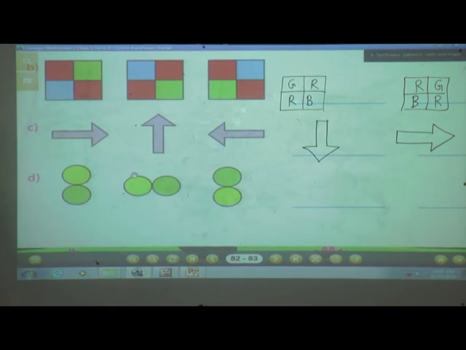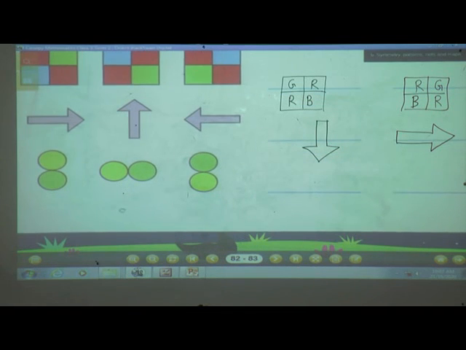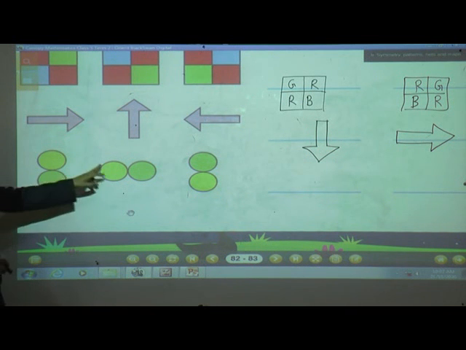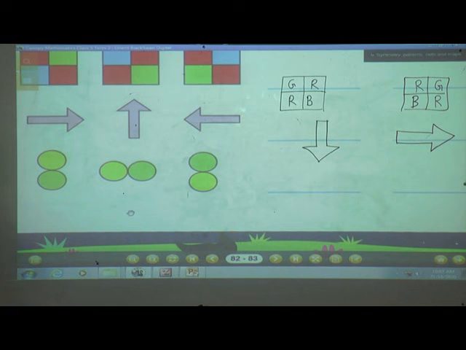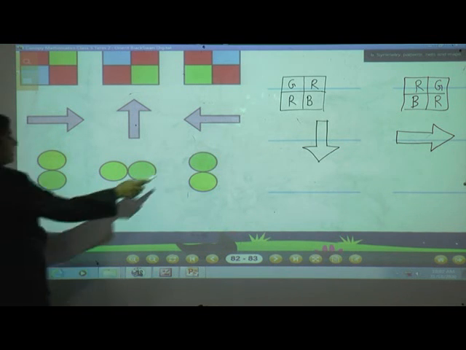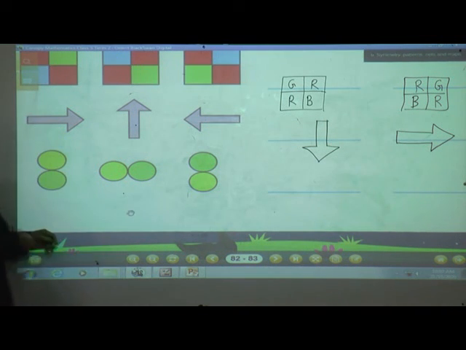So here last, B1. See, here yellow color, green color. Okay, again here yellow color and here green color. Here green color and yellow color. Now the next pattern, yes students, tell me how it will come.